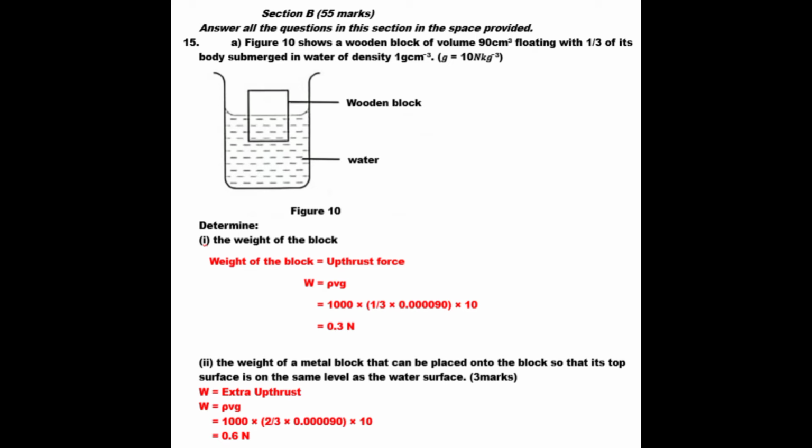Then you say 1,000 times 2/3, remember when you removed a third of its volume, then 2/3 is floating, so you are now submerging 2/3, then g is 10, then your answer is 0.6 Newton.